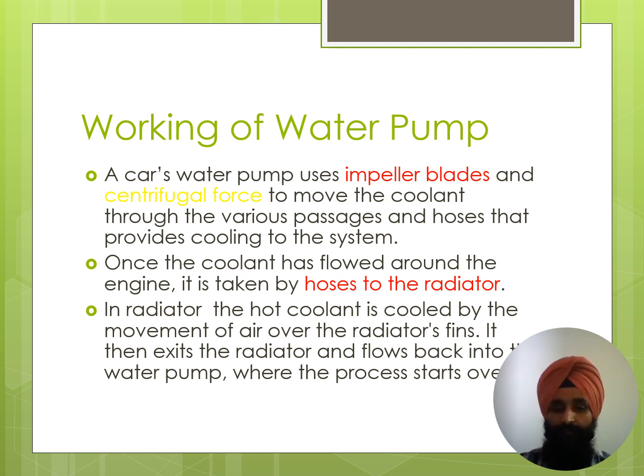Once the coolant has flowed around the engine, it is taken by the hoses to the radiator. Further, in the radiator, the hot coolant is cooled by the movement of air over the radiator fins. You all must know the shape, the purpose, and the working of the radiator. So the water pump is used to provide the coolant to the radiator so that the engine can be cooled as soon as possible.